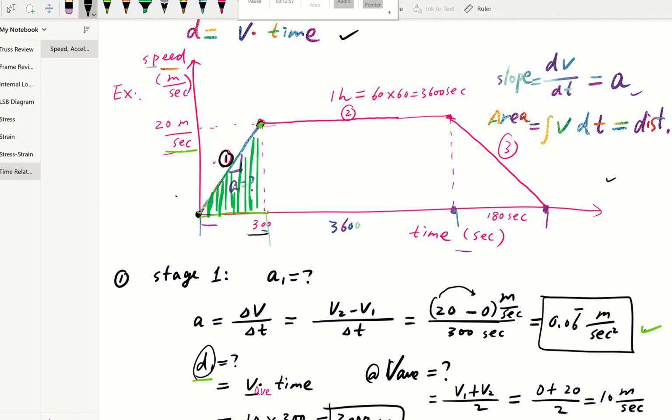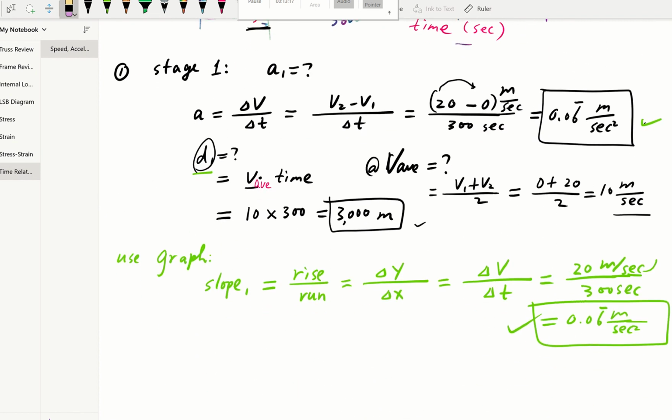Can we figure out the triangle area? Yes. This triangle area is going to equal half base times height.